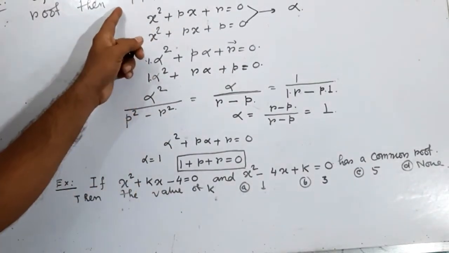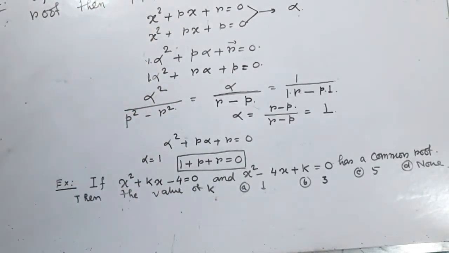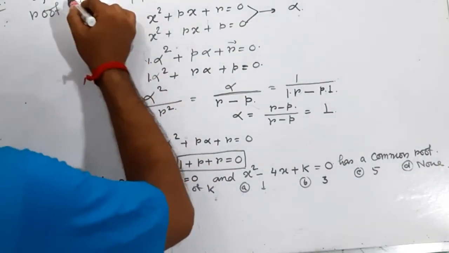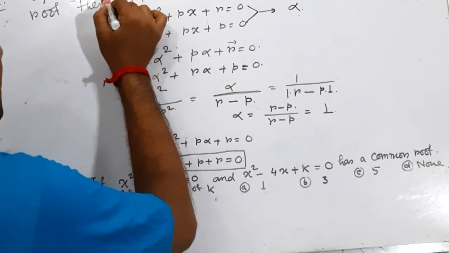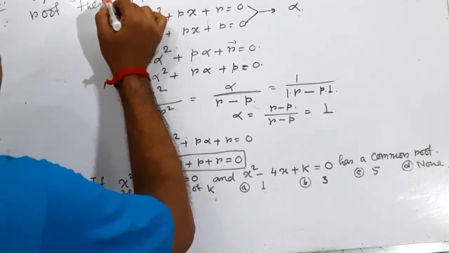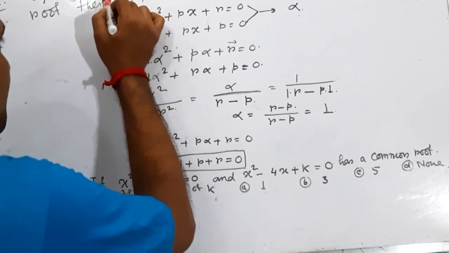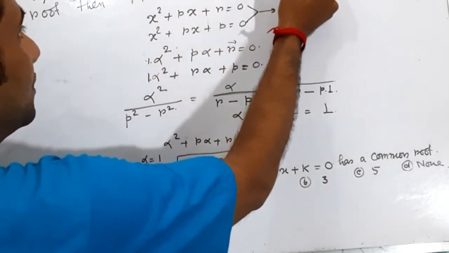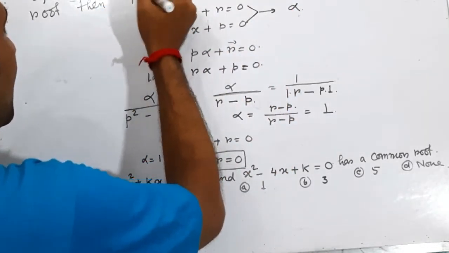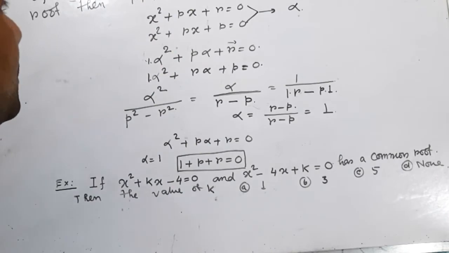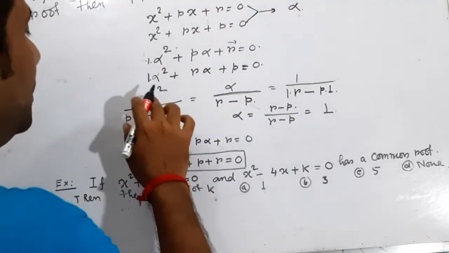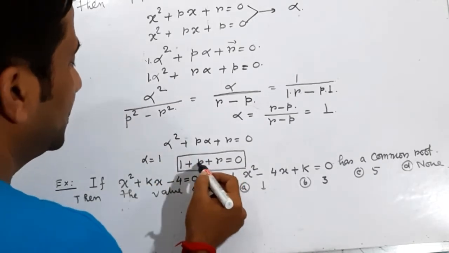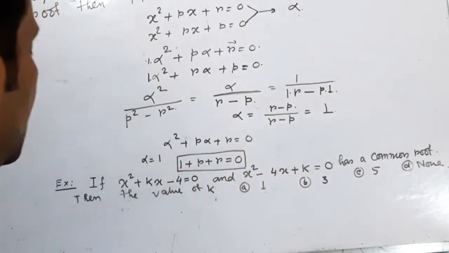From the above theorem, you see here 1 plus px plus r, the coefficient of x is p and the constant term is r. So we get here 1 plus p plus r is equal to 0.